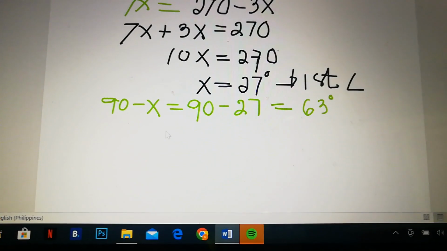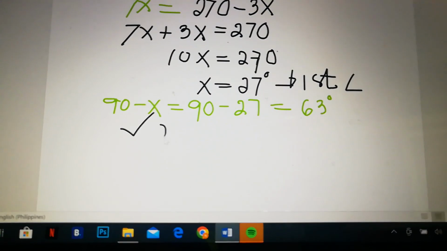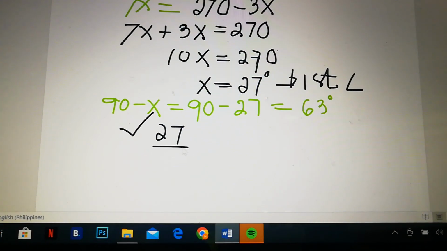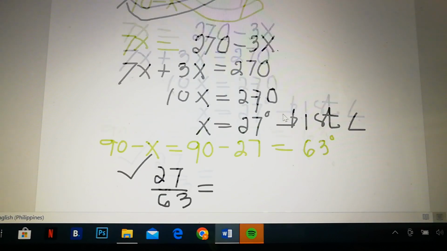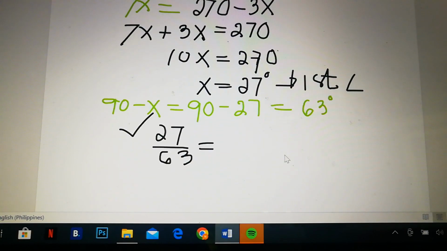So let's try to check. 27 over 63 is equal to, what is the ratio from the given? 3:7.